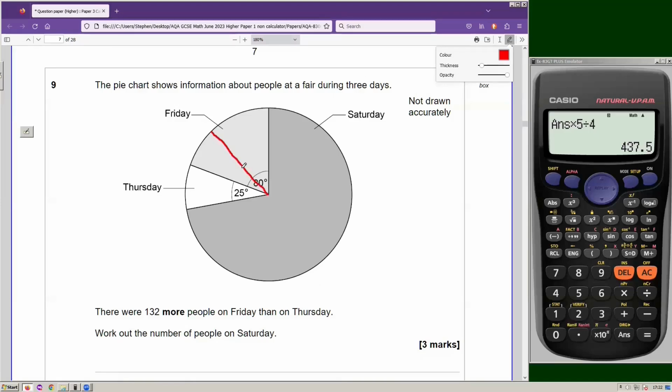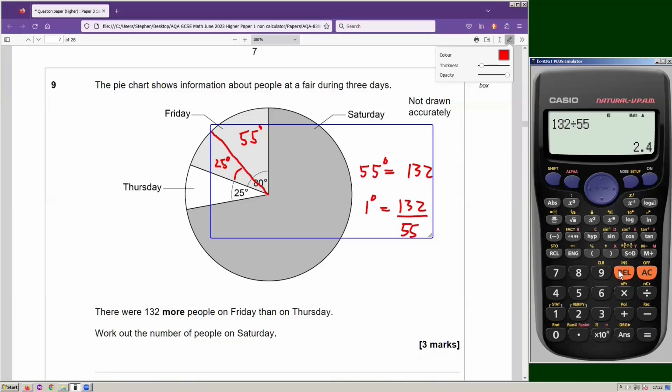So if I call that 25 in there, this represents this bit in here, which is 55 degrees. 55 degrees equals 132 people, basically. So we can say that 1 degree equals 132 over 55, 2.4 people for 1 degree.